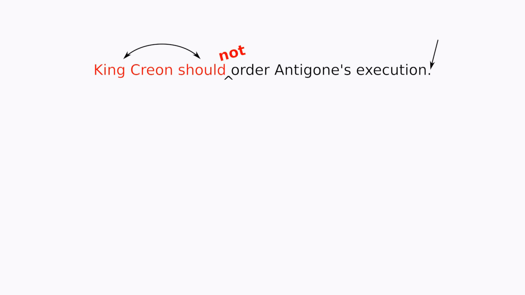But the rest of the paper can follow the present tense that's established in the original thesis, King Creon should order Antigone's execution, again as if time were frozen at that moment when King Creon was making up his mind, and the student is trying to send an argument into King Creon's mind to persuade him to follow through and order the execution, or to stop and decide not to instead.